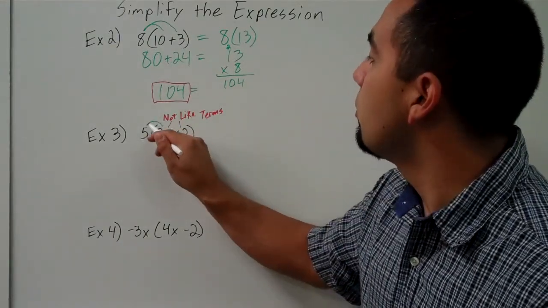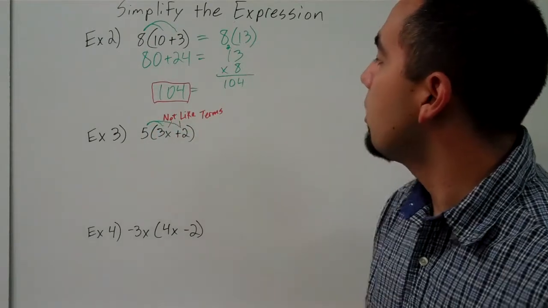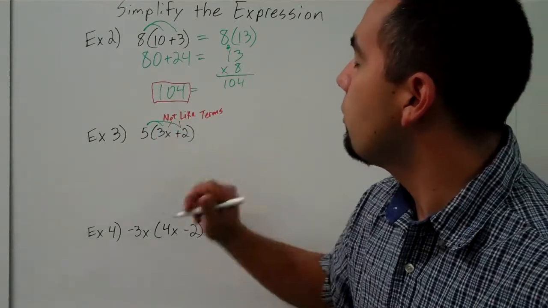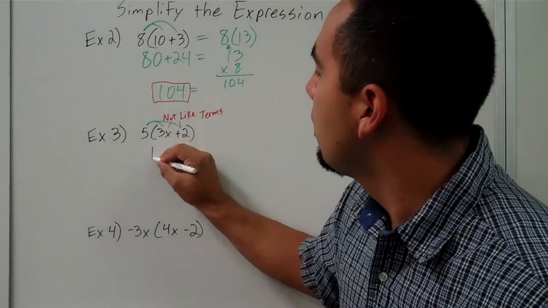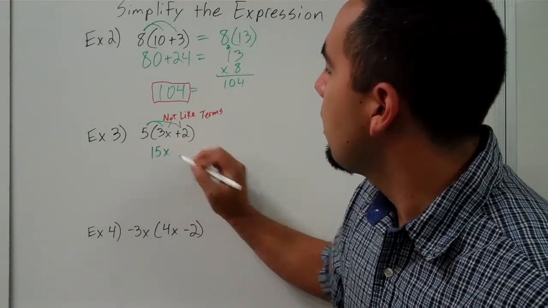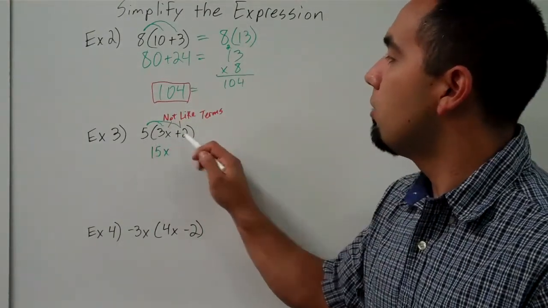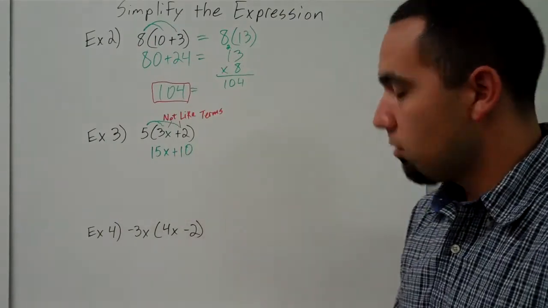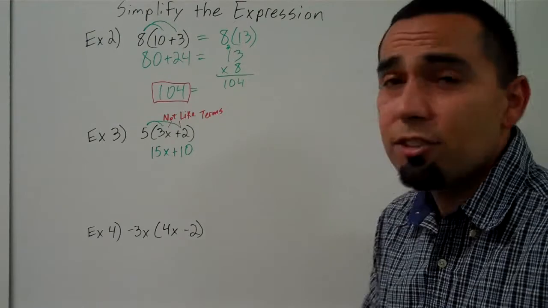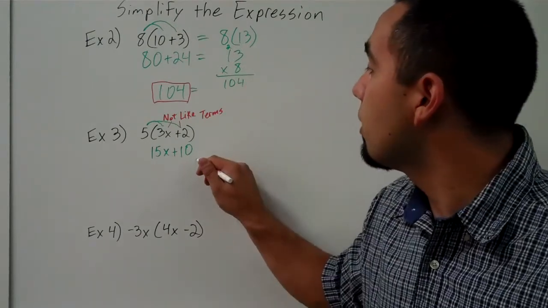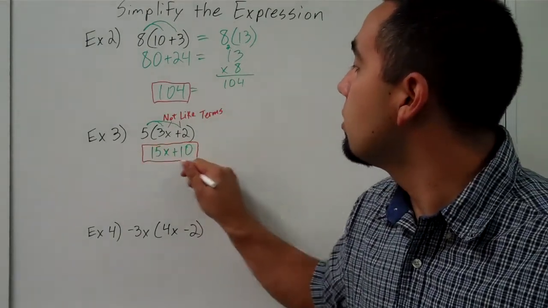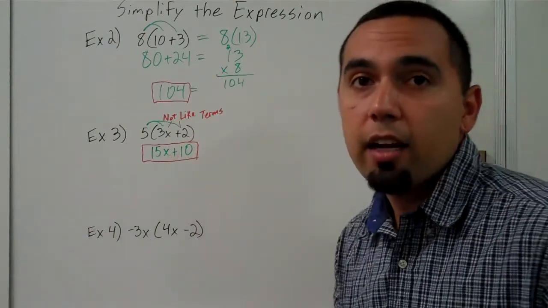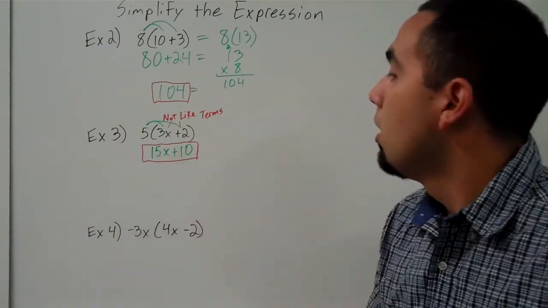I'm going to distribute the 5 to the 3x and to the 2. So 5 times 3x gives me 15x, and then 5 times positive 2 is 10. And actually, I'm done here. There's nothing more I can do. Again, these are not like terms, so I cannot add or subtract them.